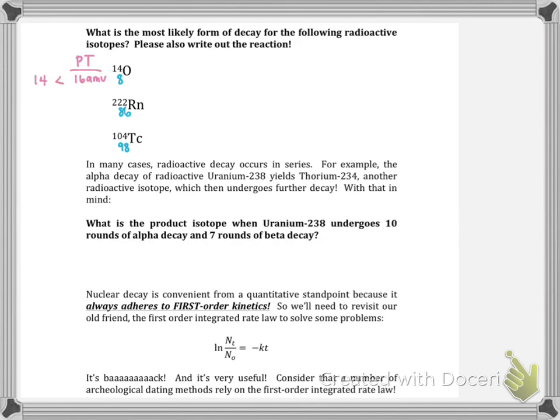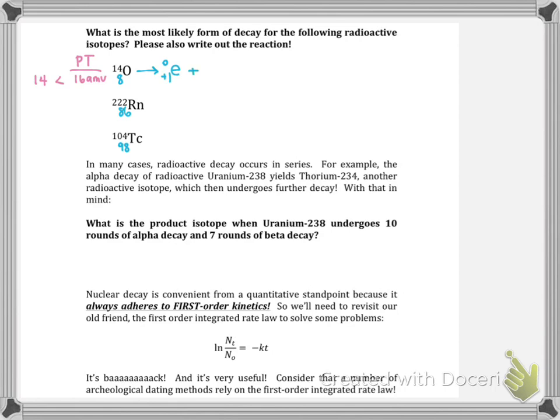And so if it's smaller than that, that tells me we have too few neutrons. And if we have too few neutrons, we're going to undergo positron emission.